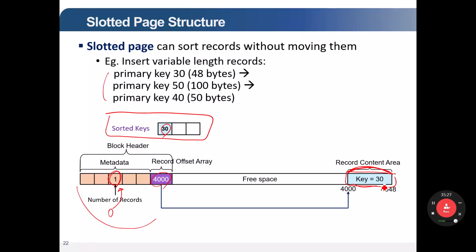Let's assume this record occupied 48 bytes, then its starting offset will be 4000, and that 4000 will be stored in this array. Although I didn't write it here, its length should also be written in this array. 4000, 48 should come here.